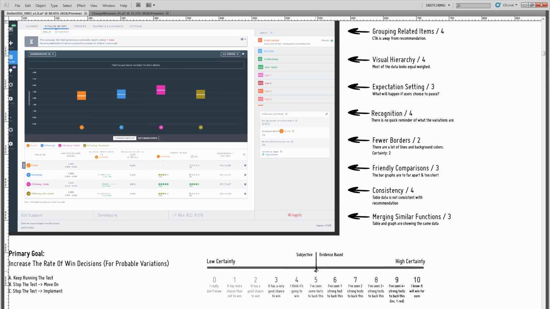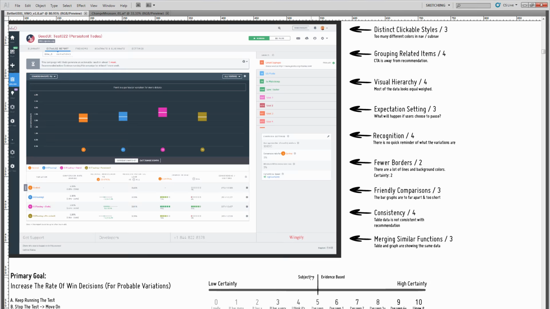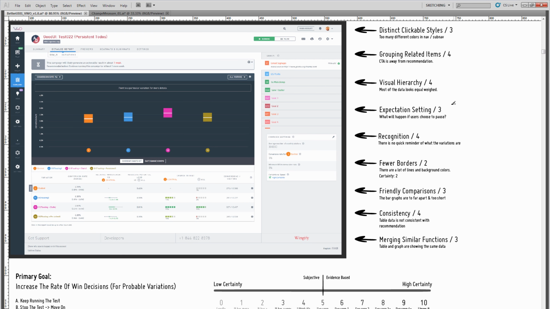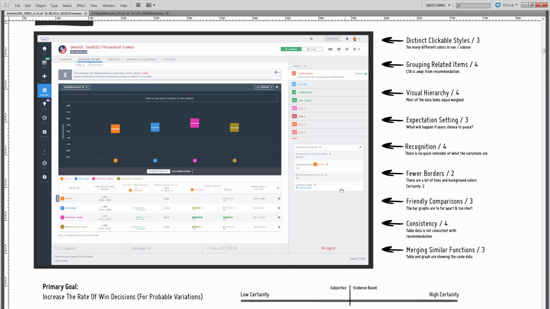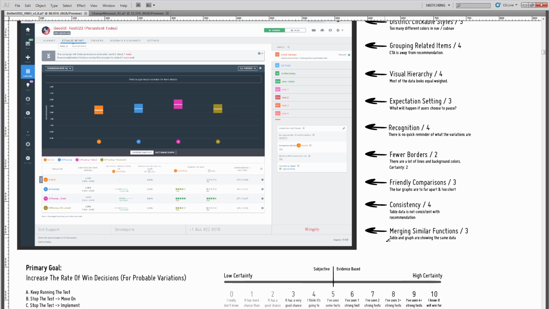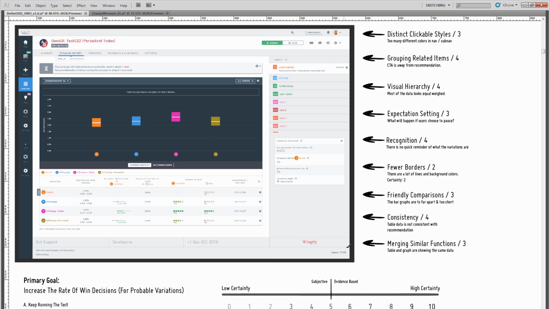Because I don't have real tests to back these particular issues, I resorted to sticking to the subjective part of the scale. So you see a lot of 3s and 4s and so forth. Hopefully, with more time, if I had more tests to support these, I would be able to increase my level of certainty further.